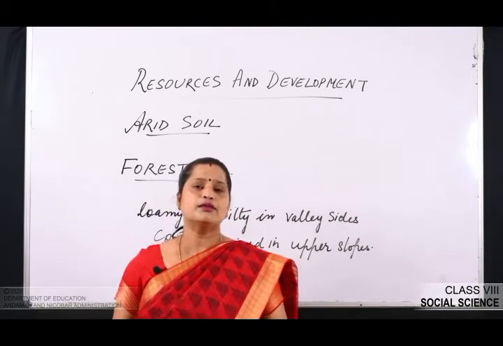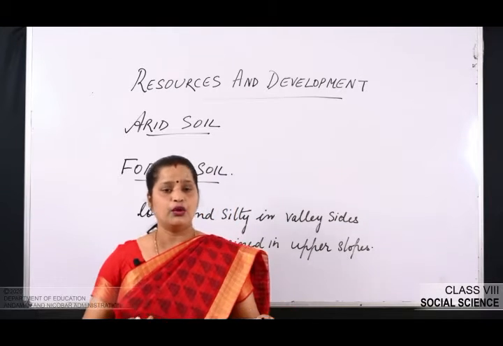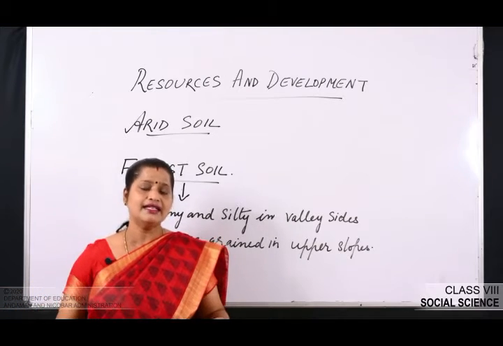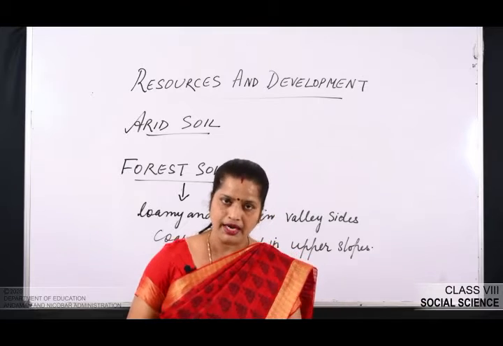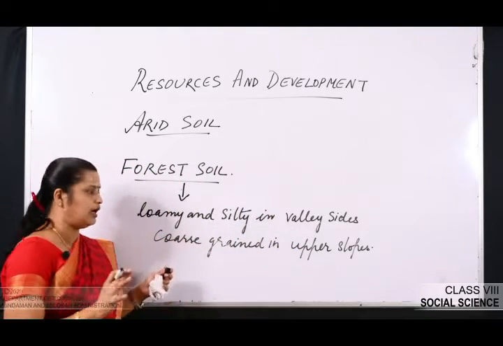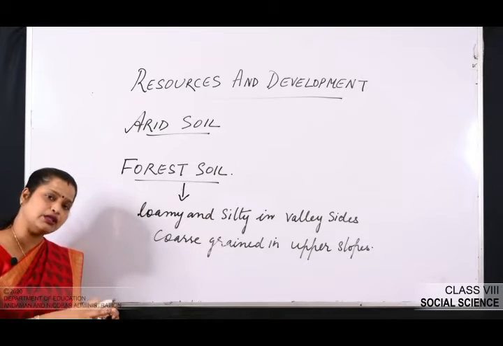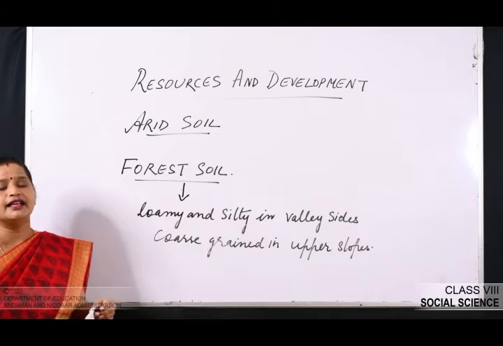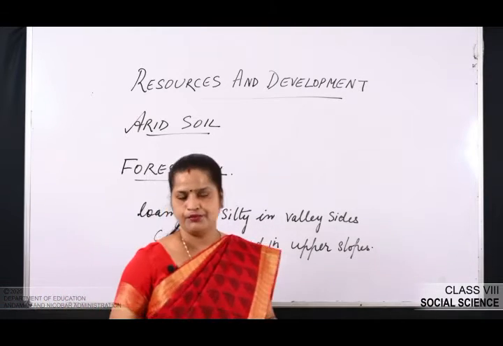This soil is mostly found in the lower parts of the valleys, particularly in river terraces and alluvial fans. There this soil is very fertile, okay, understood. So, I hope you have understood that the forest soil is mostly found in the river valleys, at the foothills of the rivers, and it is quite fertile, okay.